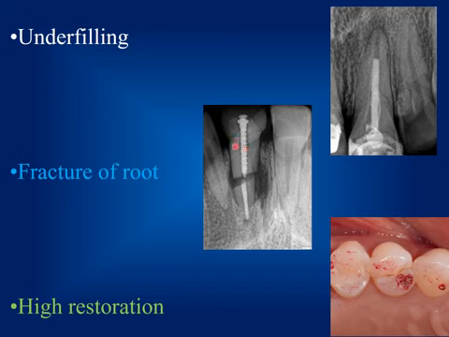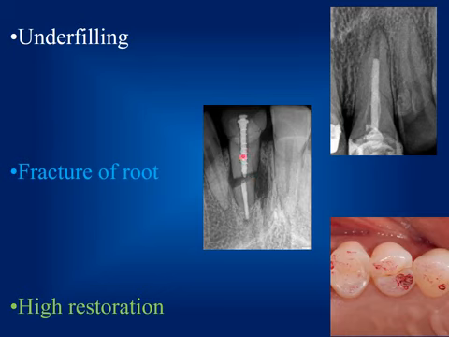Fracture of the root, any trauma to the tooth may fracture the root. Of course, fracture of the root depends on where the fracture is: more coronally, in the middle region, or in the apical region. The worst scenario is in the middle region, whereby we cannot save the tooth.